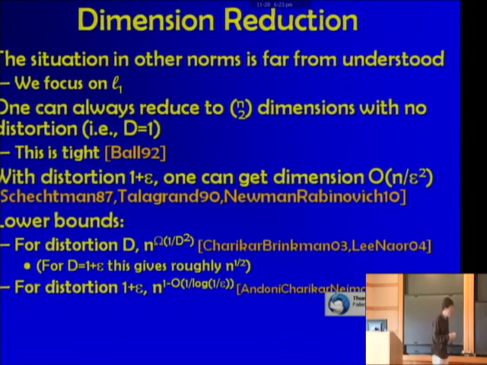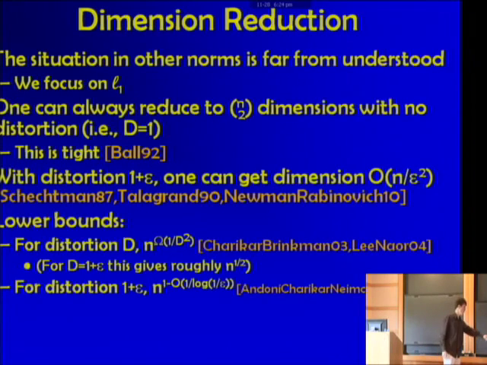This leads us to the last result mentioned here, from just a few months ago at FOCS. This is a result by Andoni, Charikar, Neiman, and Nguyen. What they showed is a much stronger bound. If you care about distortion 1 plus epsilon, then there's this bound over there, which is essentially n to the 0.99, so n to the 1 minus something small that decreases with epsilon.